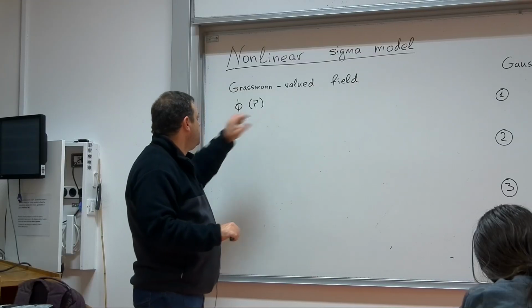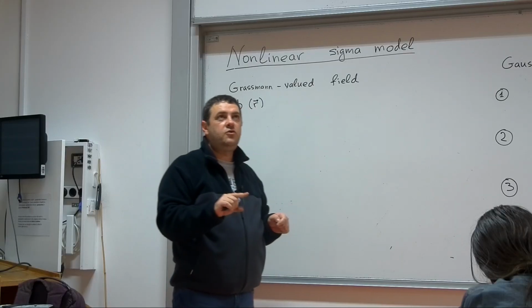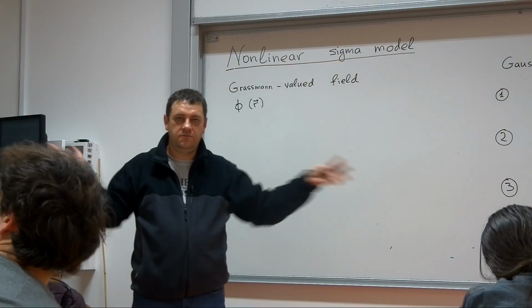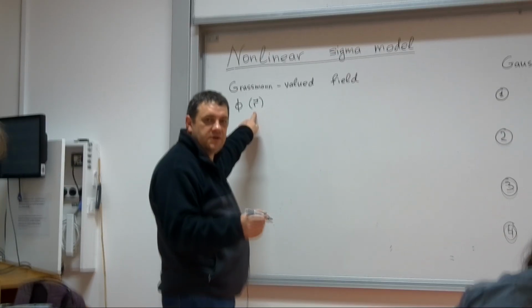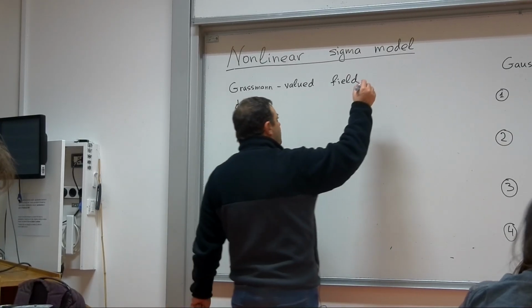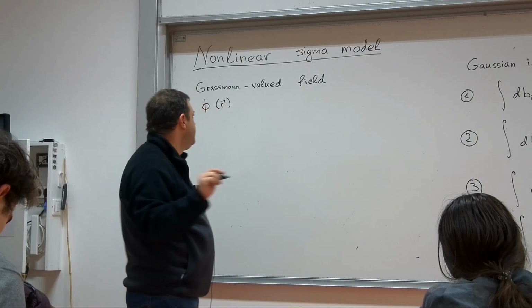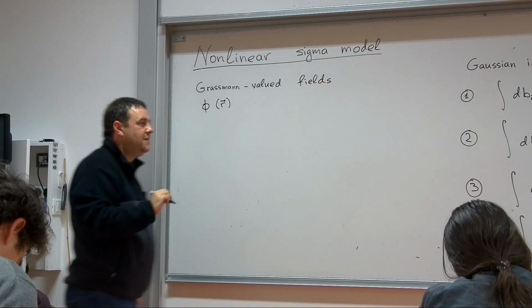Now, I will actually do a bit more, since we usually have retarded and advanced functions in our diagrams. I will introduce not a single Grassmann valued field. I will introduce two of them, one retarded and one advanced. So it will be fields in plural.